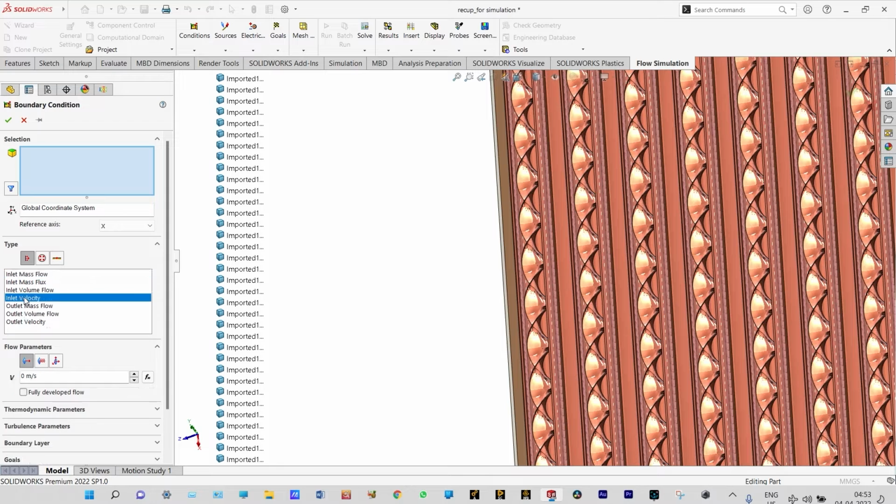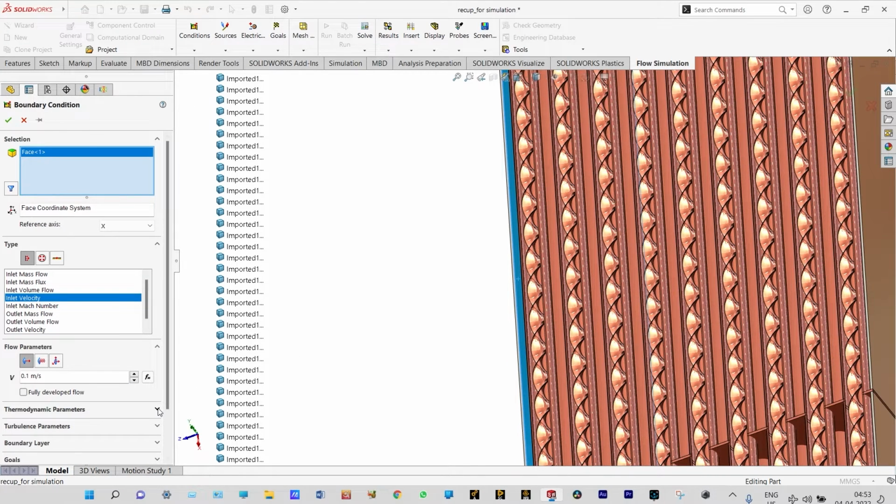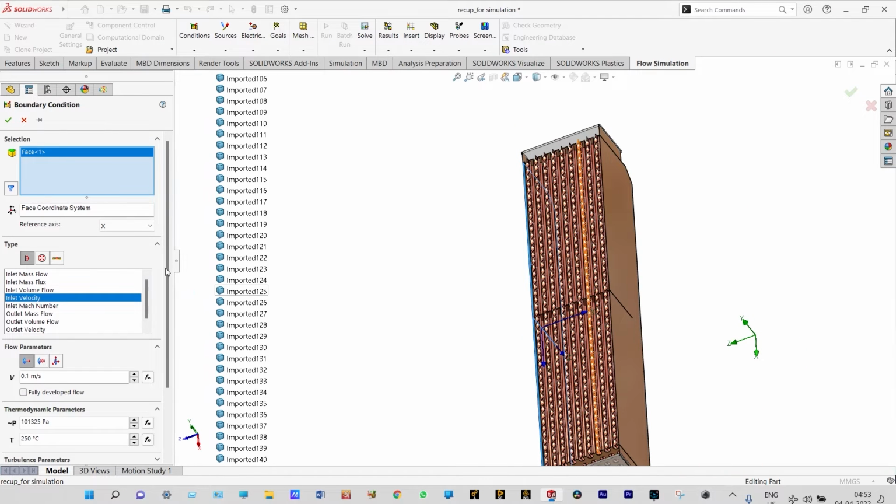It will be inlet velocity, and we are providing air at a velocity of 0.1 meter per second from this side. And let us see thermodynamic parameters. It will be 250 degrees centigrade, right? Green check.